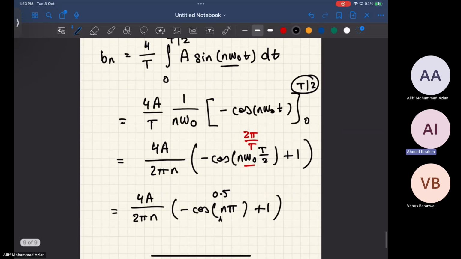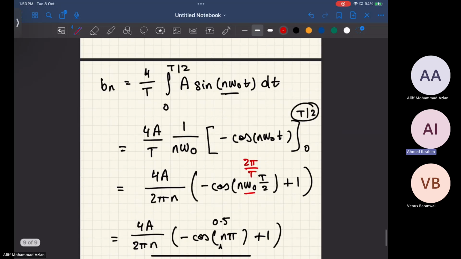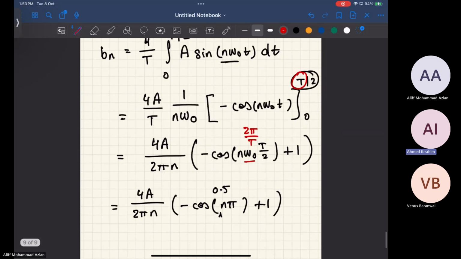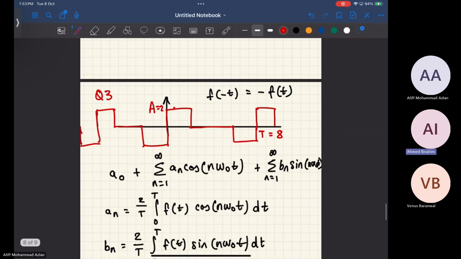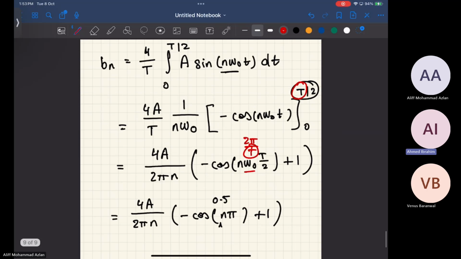So, this t here is a different t from this t. I should have simplified that earlier. That's because we said we're actually just integrating from 0 to 2, not the whole time period, which t is equal to 8. So that's why.